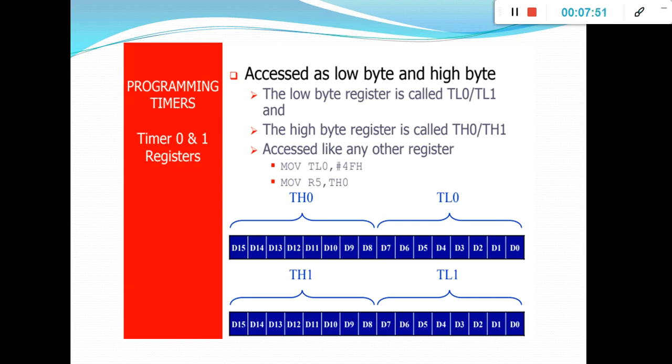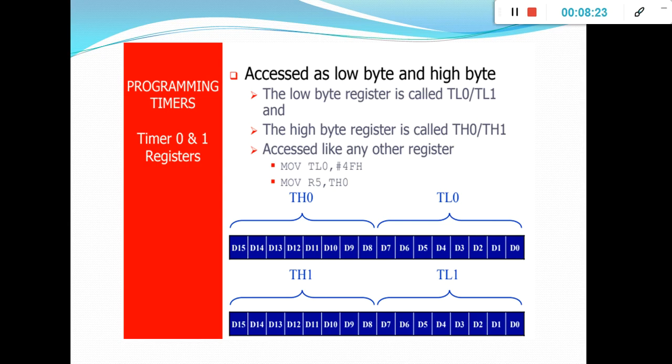Same thing, if you want to use these timers with R registers, you can. Usually we can't use an instruction like MOV R1, R2, because that instruction is not there in 8051. But when using a timer, you can use the timer register with the remaining registers. For example, second example: MOV R5, TH0.